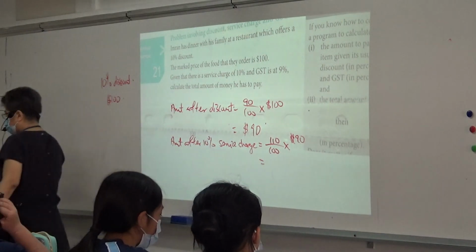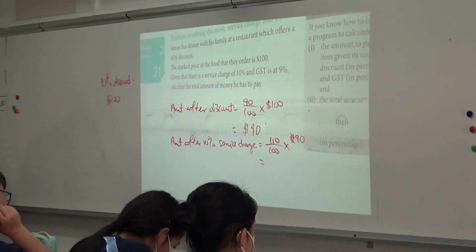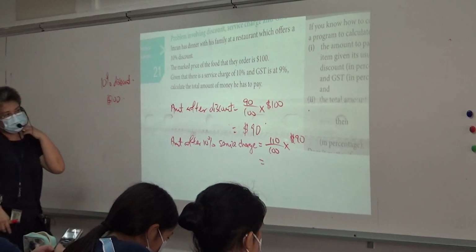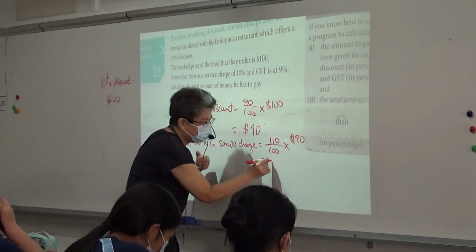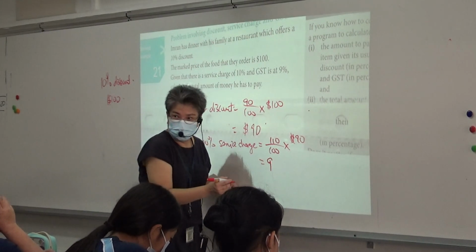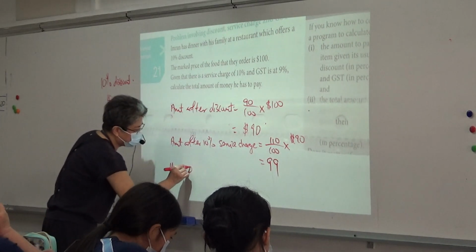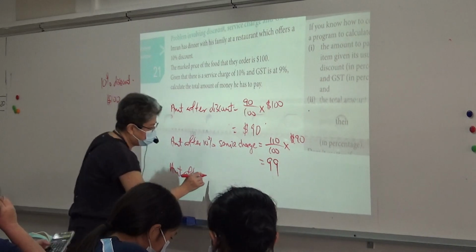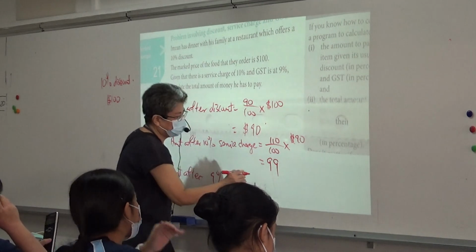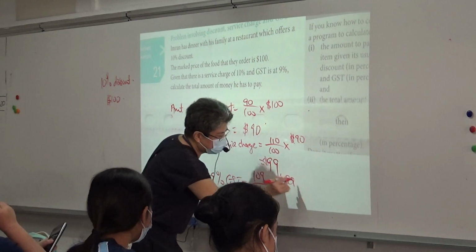Okay, can all of you use your calculator? What's this amount? $99? Yeah. Okay. Now, the amount after 9% GST will be 109 over 100 times 99.